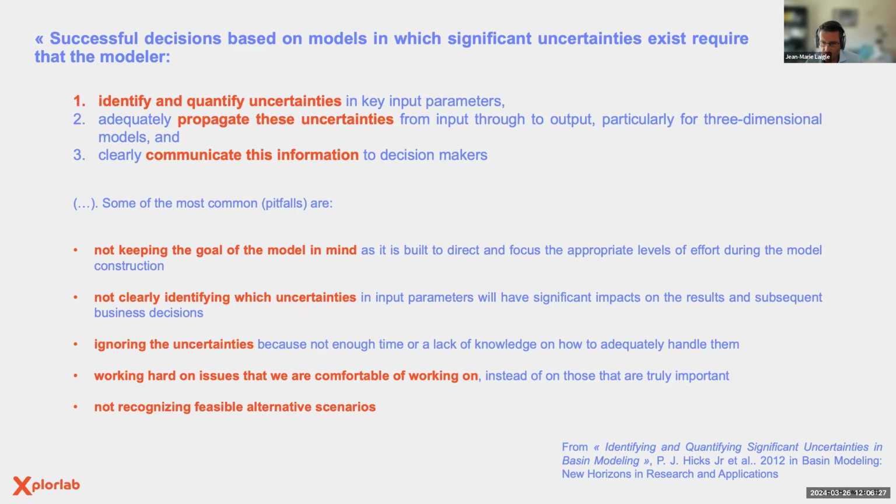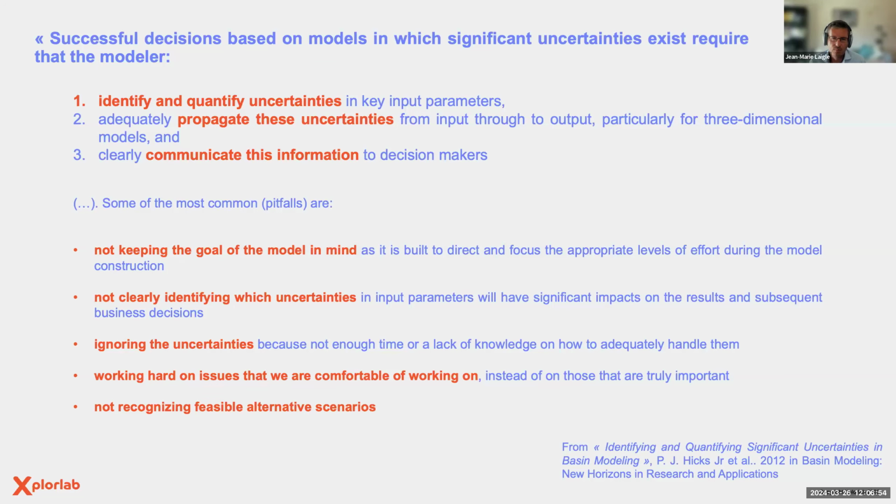This is an extract from a paper from Hicks, published in 2012, highlighting that successful decisions based on models in which significant uncertainties exist require that the modeler is able to identify and quantify uncertainties, propagate these uncertainties from input through output, and also clearly communicate this information to decision makers.